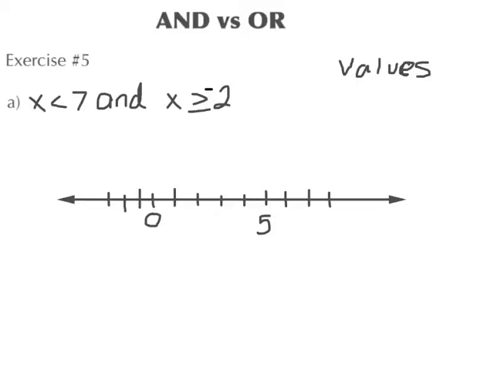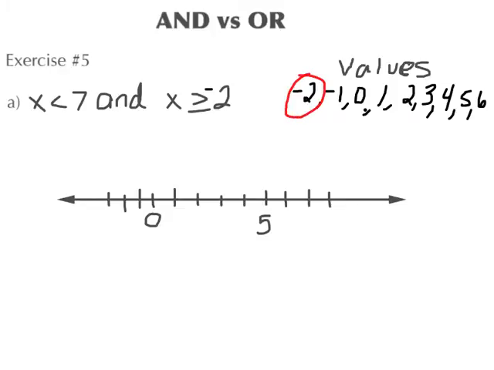So I'm going to start with the values that will make it work. So -2, -1, 0, 1, 2, 3, 4, 5, and 6. Notice here that I included -2, but I did not include 7. And I'm going to show you why momentarily.